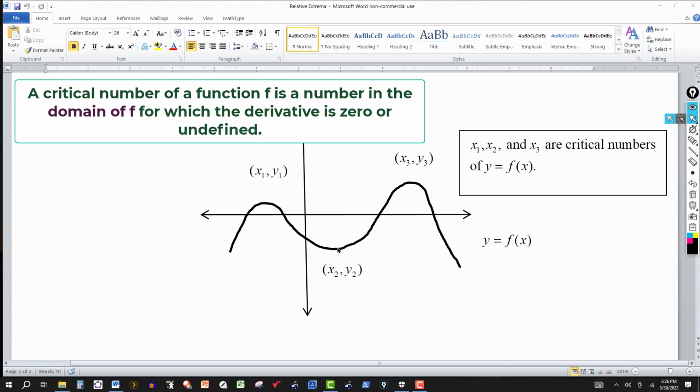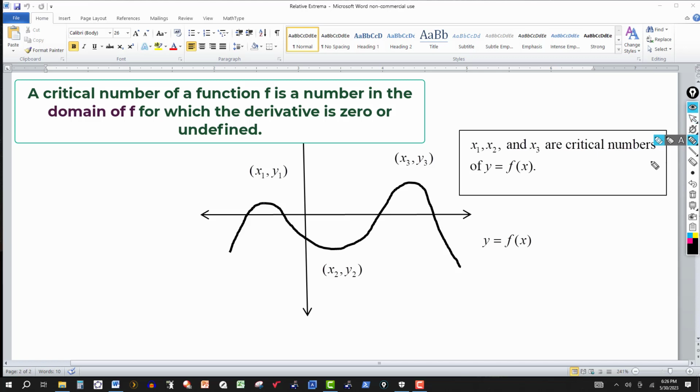It goes to a low point and then it rises, and then at (x3, y3) it reaches another high point, another relative maximum. That would be your absolute maximum, because the curve goes down on the left and down on the right. That's the highest point, and (x2, y2) would be an absolute minimum.